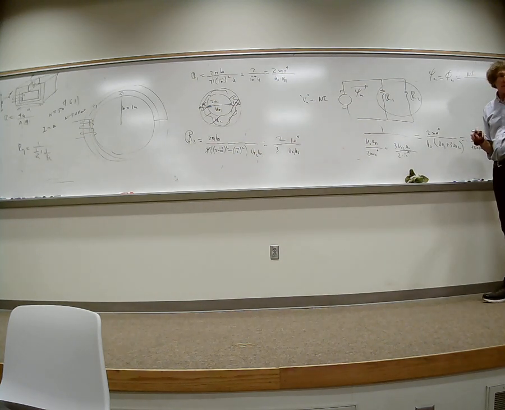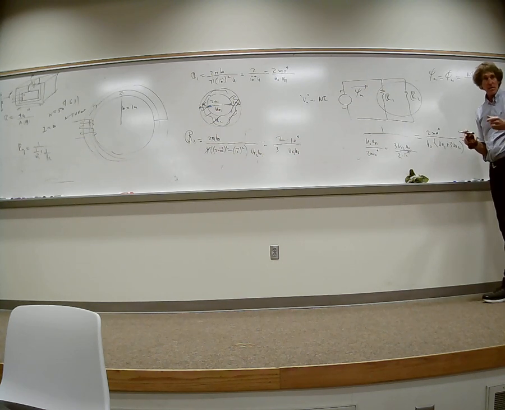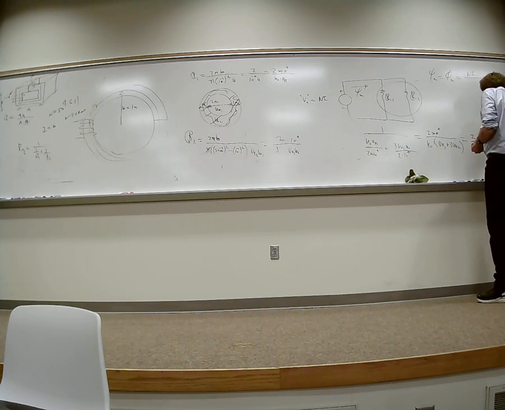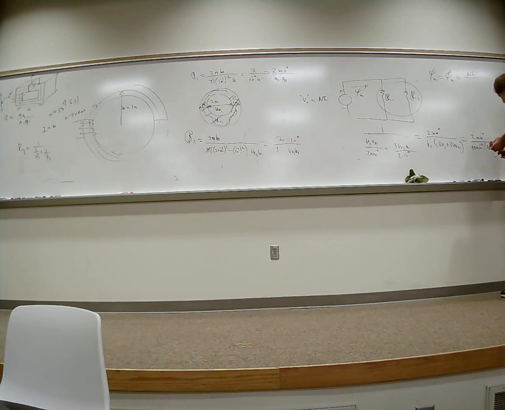Yours is 4.61, correct? Oh, I thought you asked for reluctance. What is mu relative 2? 3,000. I was a little off there. Just my brain numbers.